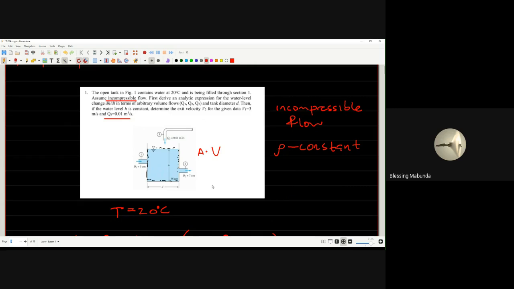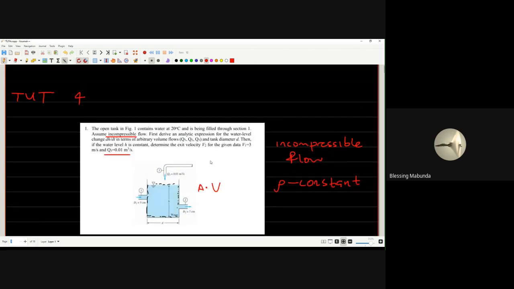Let's see, it's actually going to be area multiplied by our water level h here instead of velocity. Just always make sure you have that right.